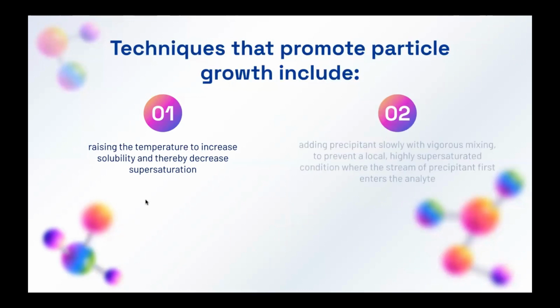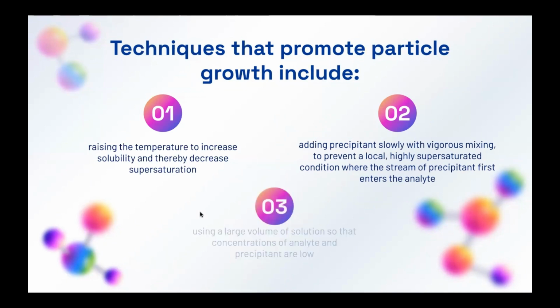And the second one is by adding precipitant slowly with vigorous mixing to prevent local highly supersaturated conditions. That's what you're trying to avoid, a supersaturated condition where the stream of precipitant first enters the analyte. The third one is using a large volume solution so that concentrations of analyte and precipitant are low.